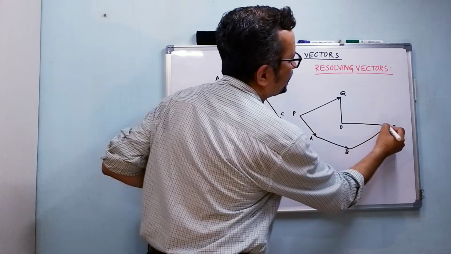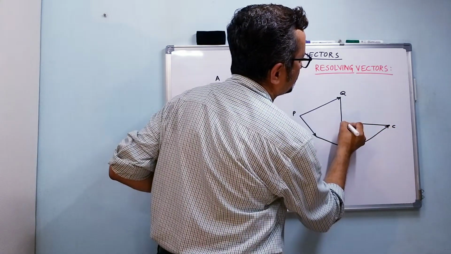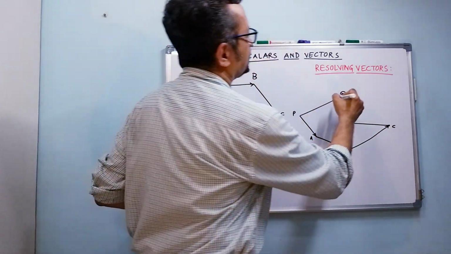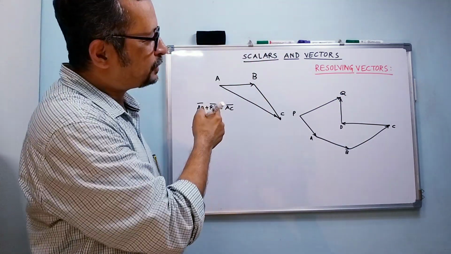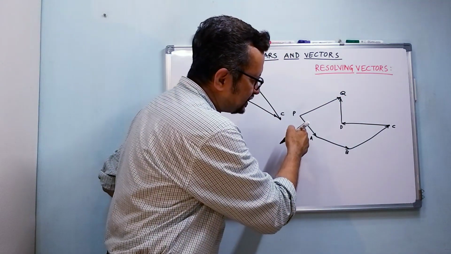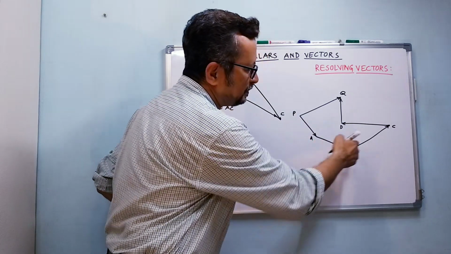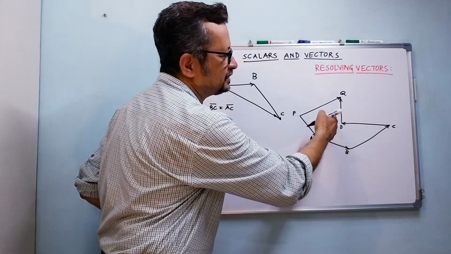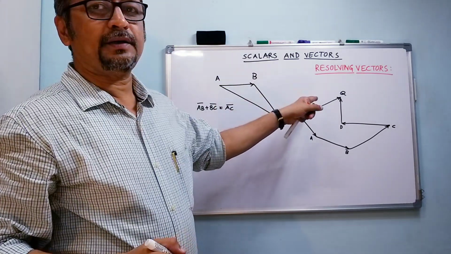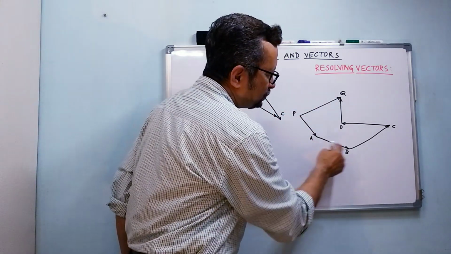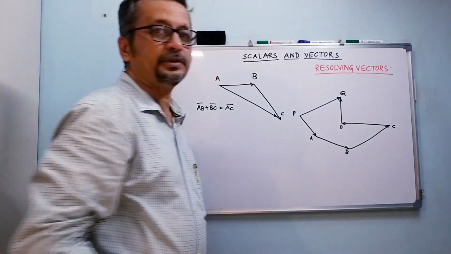Now here, I can get my PQ bar using this PA bar plus AB bar plus BC bar plus CD bar plus DQ bar. So that means this PQ bar has 1, 2, 3, 4 and 5 components.